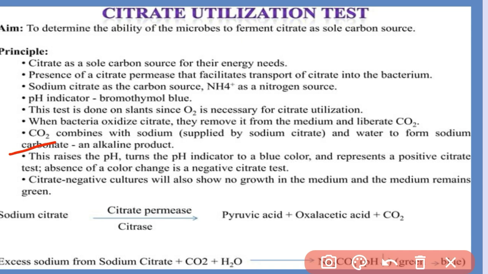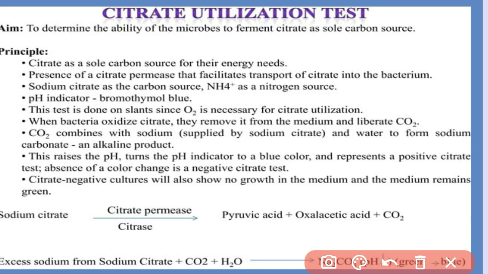The formation of sodium carbonate in the medium shows that the organism has the ability to produce the enzyme citrate permease. The sodium carbonate formed in the medium can be detected by a pH indicator, bromothymol blue. As sodium carbonate is an alkaline product, the pH of the medium increases, and so blue color is developed.